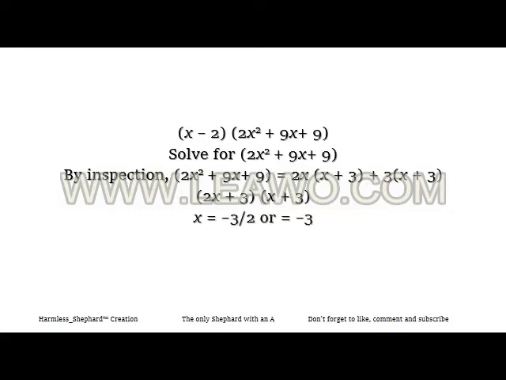So finally, the two roots are x equals minus 3 over 2 or x equals minus 3. It therefore means that x equals minus 3 over 2, or minus 3, or 2. Those are the three roots of the polynomial.